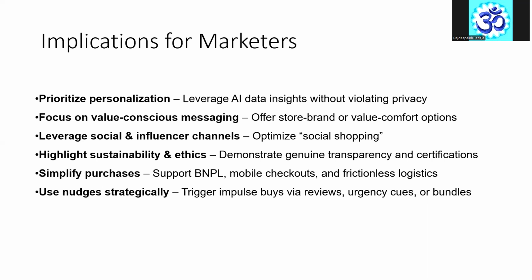Then focus on value conscious messaging. They need to offer store brand or value options to their consumers or potential consumers. They need to leverage social and influencer channels. They need to optimize social shopping. They need to highlight sustainability and ethics. They need to demonstrate genuine transparency and certifications of a product.